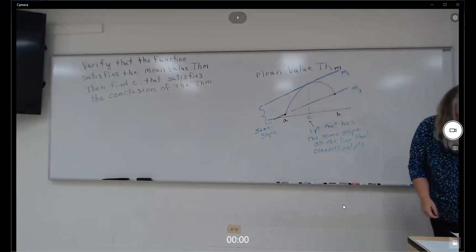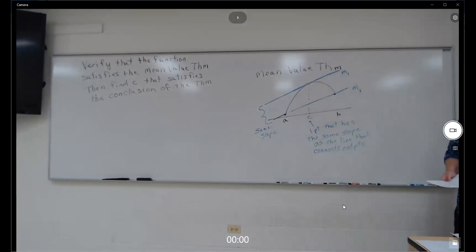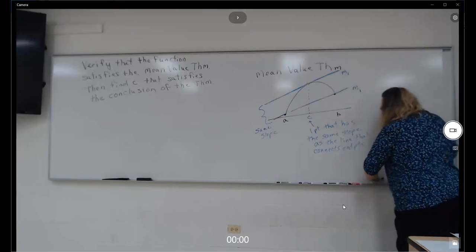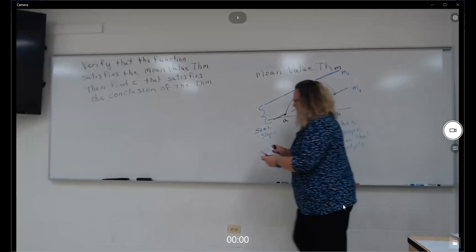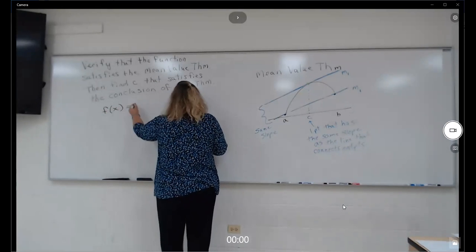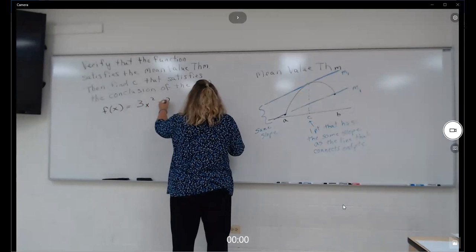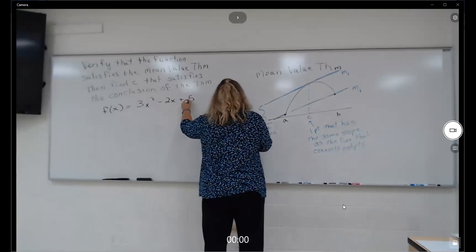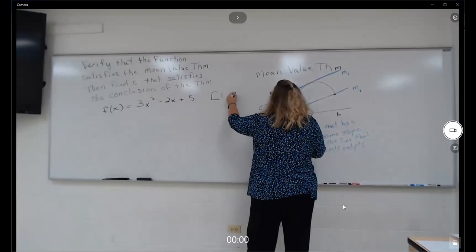All right, let's try this one. F of x equals 3x squared minus 2x plus 5, and we're going on the interval from 1 to 3.